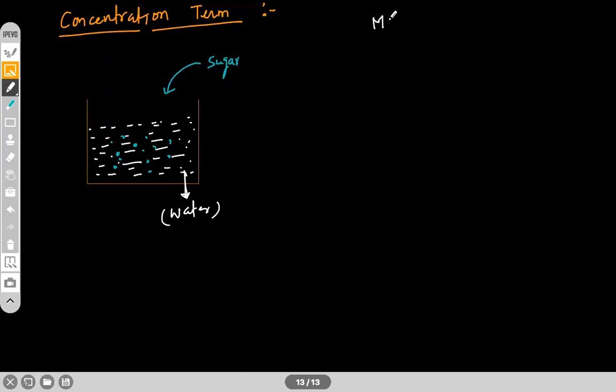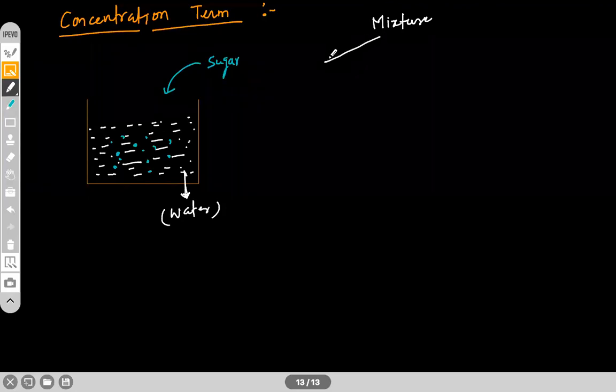We'll talk about mixture also. Right, mixture. Now, mixture we have two types actually. One is homogeneous mixture and the other one is heterogeneous mixture.